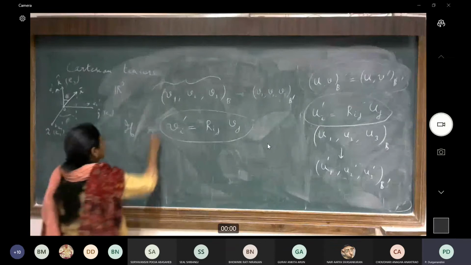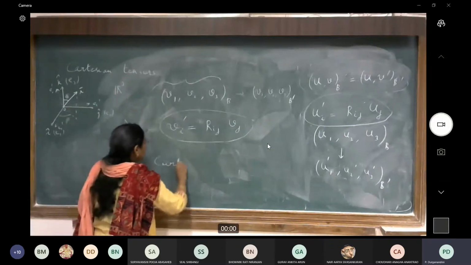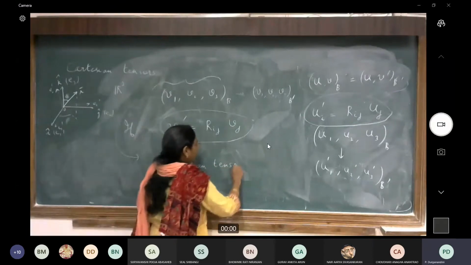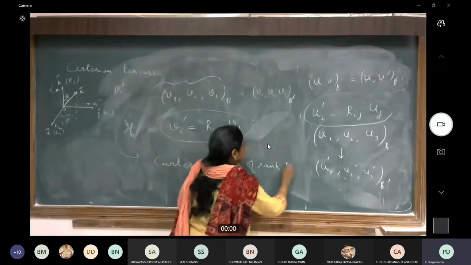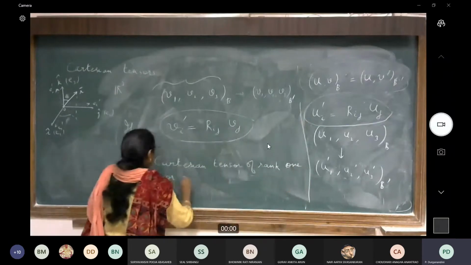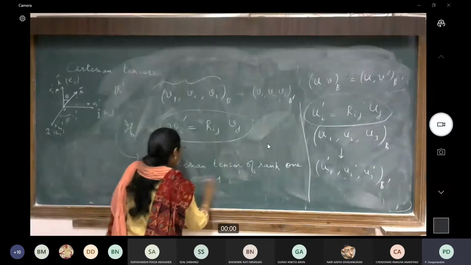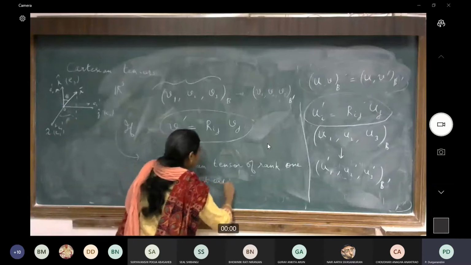Or more generally, I will say that this set of three quantities constitutes a Cartesian tensor of rank 1. Sometimes it's called a rank or order 1 Cartesian tensor. Okay, so people write it as rank 1 or first-order Cartesian tensor.